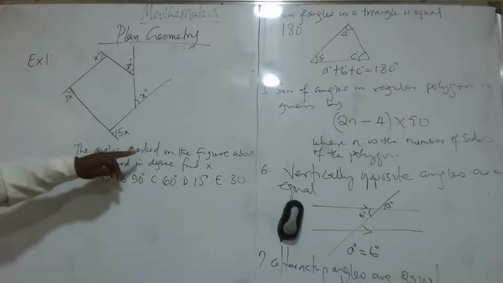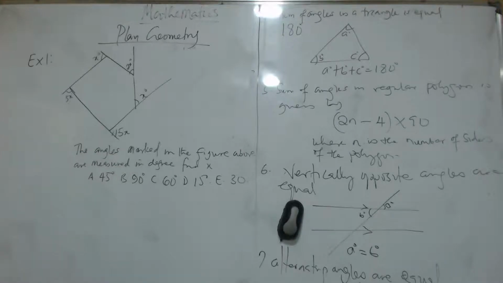It says the angle marked in the figure above and measured in degrees. Find x. What should come to our mind is which of those rules go with it? Rule number 8 says what? Sum of angles in a regular polygon is what? 360.